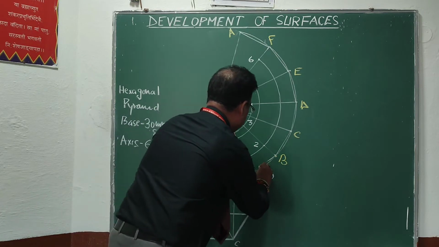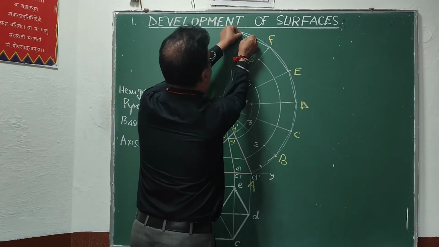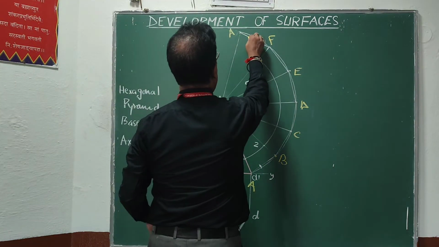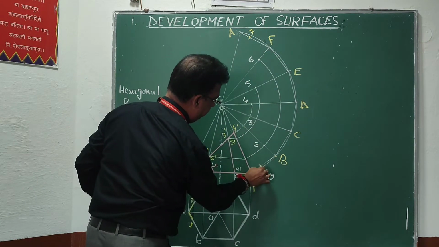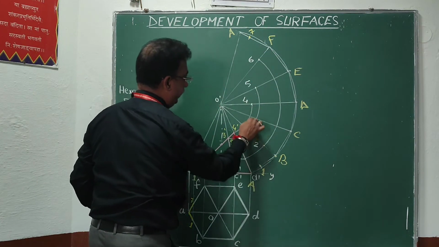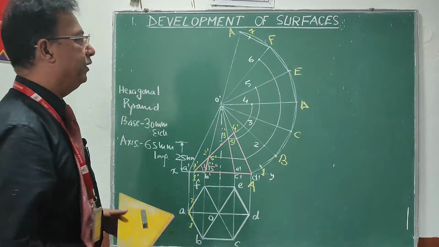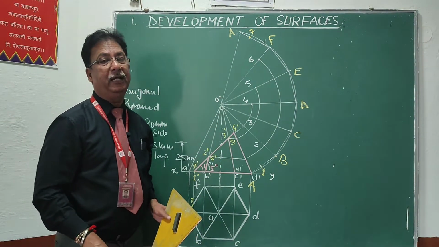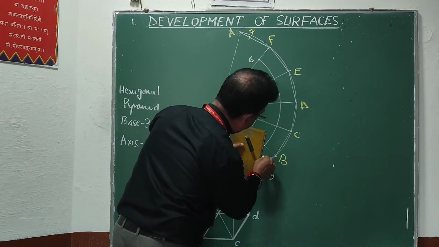So A towards B, that is A1, and A towards F, that is A7. So I can easily mark these points. This is point 7 and this is point 1. Now we already got the 1, 2, 3, 4, 5, 6 points. As you know, whenever a polyhedron is cut by a section plane, we can join those points with the help of straight lines.